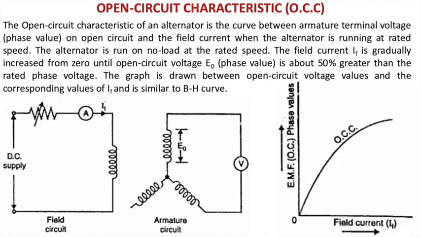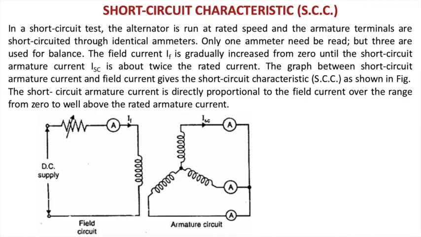When you draw the curve between the field current and the EMF obtained, you get a curve similar to the BH curve, known as the open circuit characteristics of the generator.